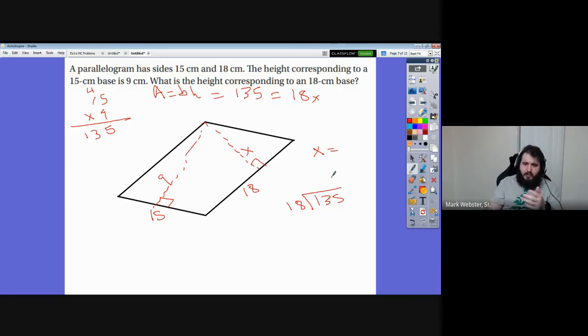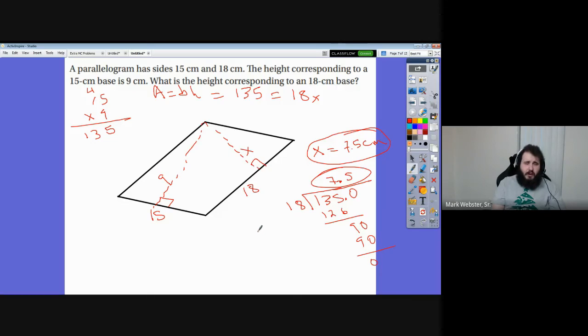That's probably as best as we're going to do, right? Drop down the 0. 18 goes into 90 5 times exactly. That's nice. That's easy. So my height corresponding to the 18 centimeter base is 7.5 centimeters.